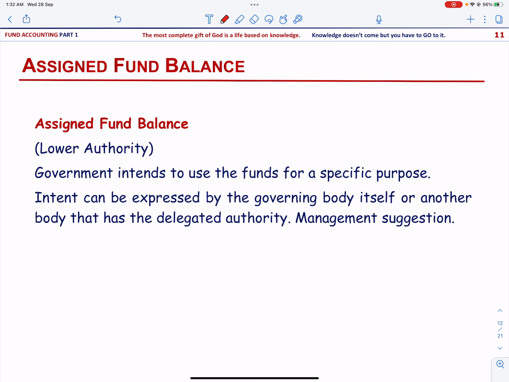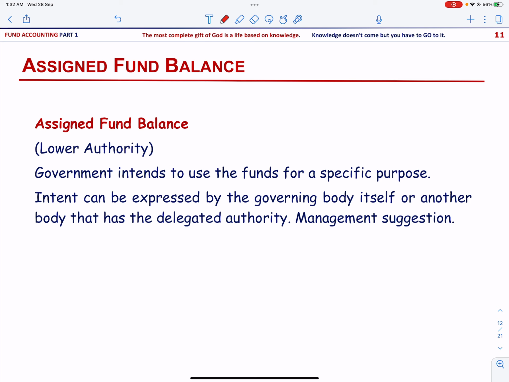Government intends to use the funds for a specific purpose. Intent can be expressed by the governing body itself or another body that has the delegated authority. Fund balance in other governmental funds except the general fund that is not restricted or committed is considered as assigned in those funds. In other words, it is the residual balance of these funds.